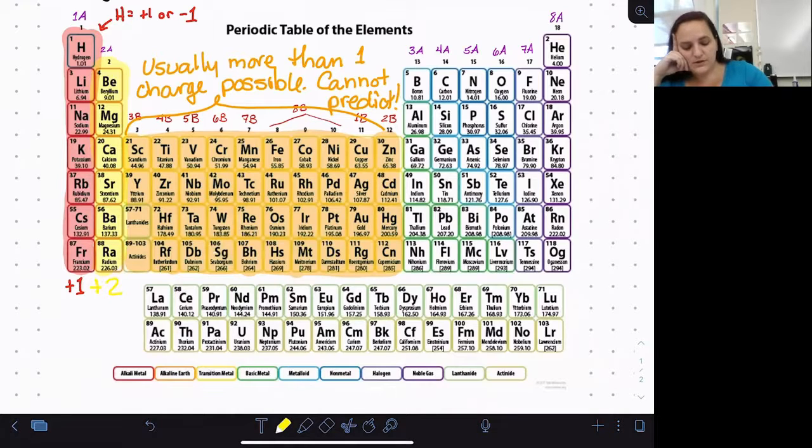The reason for these charges comes back to the electronic structure, the orbitals: our atoms want to have a full valence shell. In the case of the first column, these atoms have one valence electron, one electron that's way farther out than the rest of their core electrons.